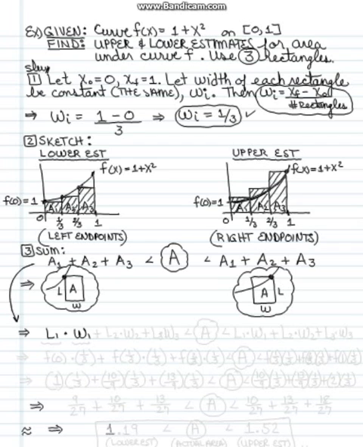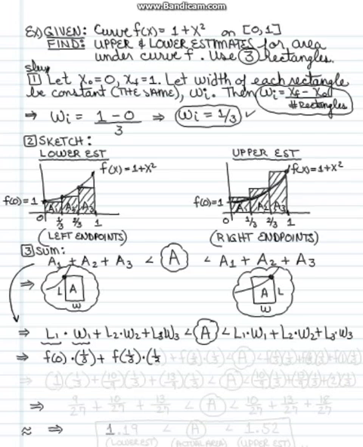Okay, so the area of the first is L sub 1 times W sub 1 plus L sub 2 times W sub 2 plus L sub 3 times W sub 3. That's going to be less than the area under the curve, which is less than L sub 1 times W sub 1 for the right side plus the area of the second and the area of the third. Okay, what is the left side? That's the function evaluated at x equals 0 times the width 1/3 plus the function evaluated at 1/3 times the width 1/3 plus the function evaluated at 2/3 times the width 1/3.